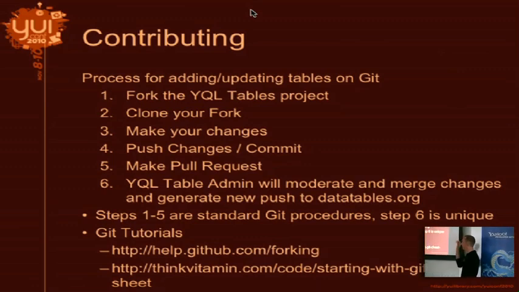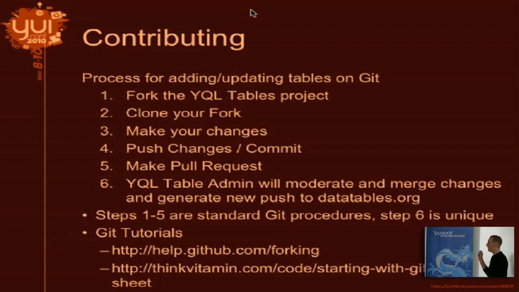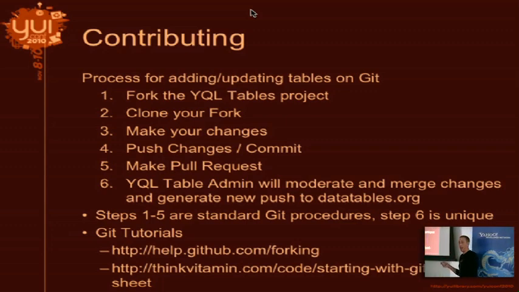Number 6 ends up being the special step. Once you do a pull request, you put your changes into GitHub, you request a pull. The table admins pick that up, merge that in, and kick off the process that would get it added to datatables.org. So now I've got my new handy-dandy Twitter trending topic loaded on the community tables.